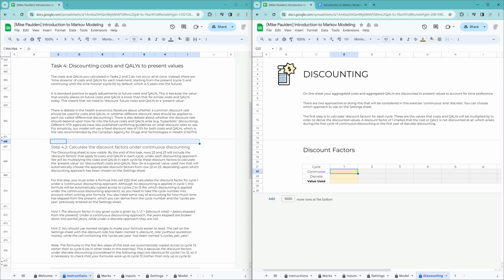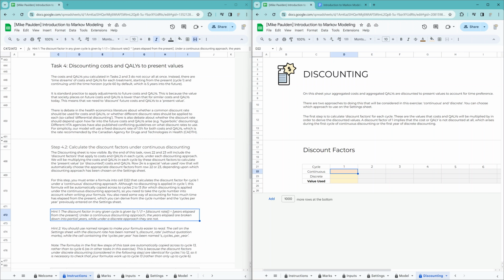The first thing to think about, and this is given in hint 1, is that the discount factor is given by 1 divided by 1 plus whatever that discount rate is, and then close the brackets around the 1 plus the discount rate and raise those brackets to the power of how many years have elapsed from the present. Under continuous discounting, these years are broken down into partial years, but with discrete discounting, they're not.